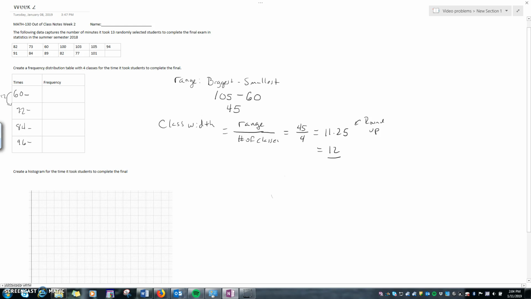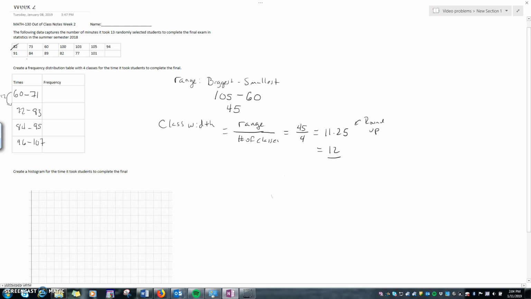Now, that's where these are all going to start. Now, where do they end? If this one starts at 72, we're just going to count back 1, and that goes to 71. And then we're going to add 12 down again. So 71 plus 12 is 83, plus 12 is 95, plus 12 is 107.